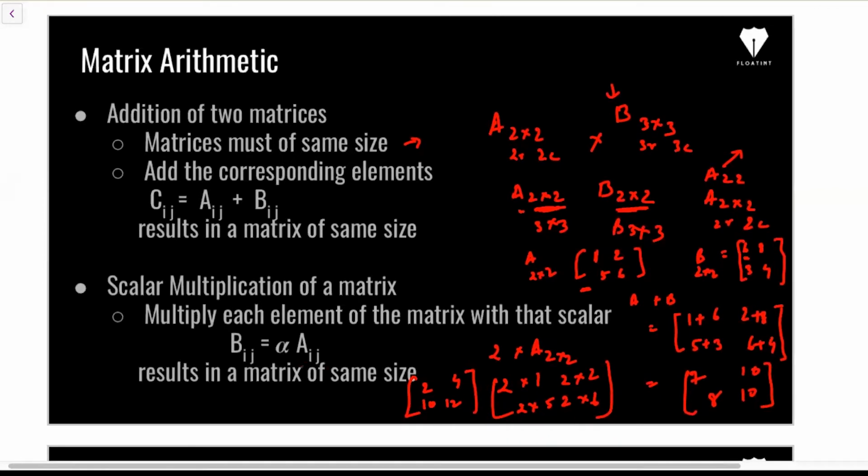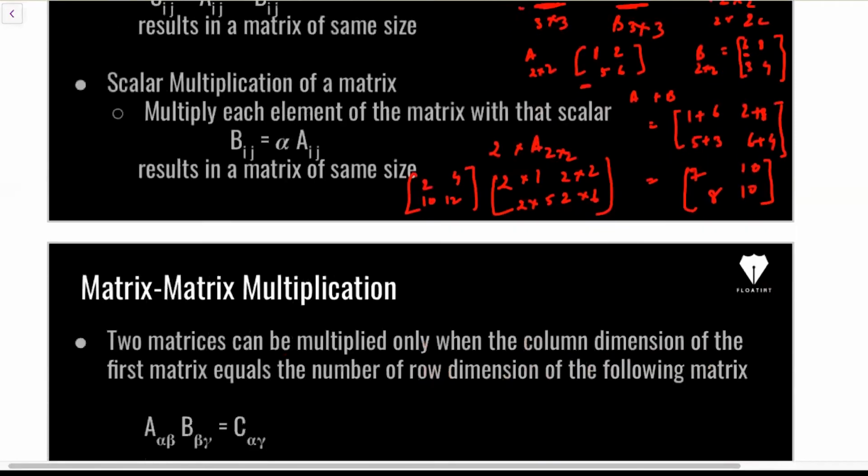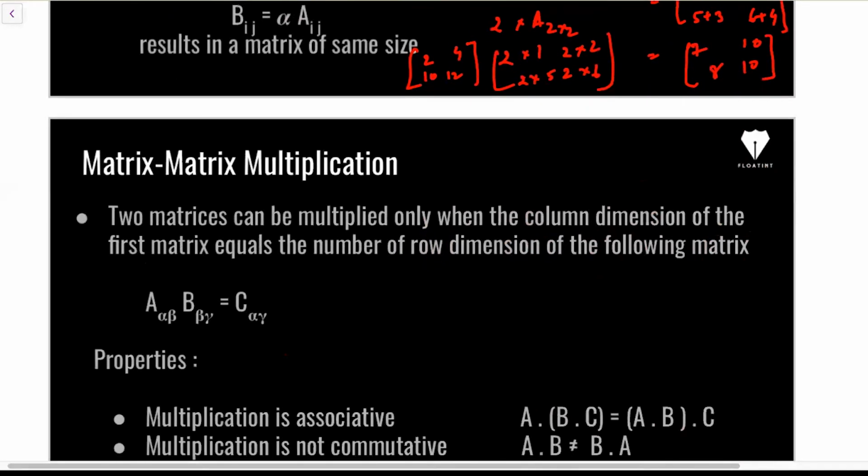And when we multiply a scalar to a matrix, that scalar value will be multiplied to each and every element of the other matrix. Okay. The next is matrix multiplication.